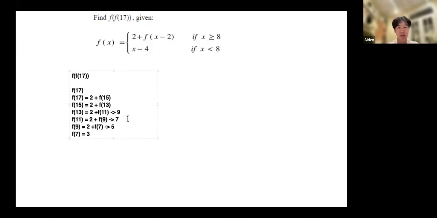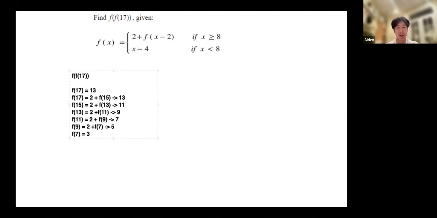And then f of 13, which is 7 plus 2, is 9. Adding 2 again, we get 11. And then 13 would be the answer to f of 17.